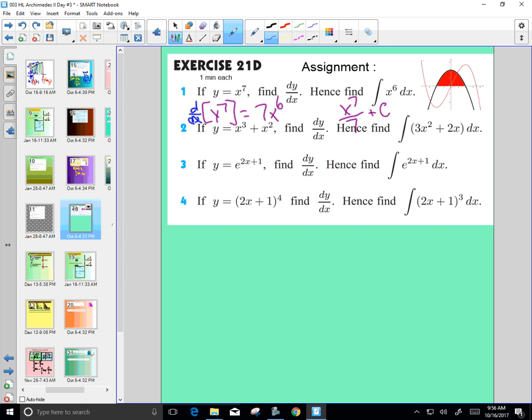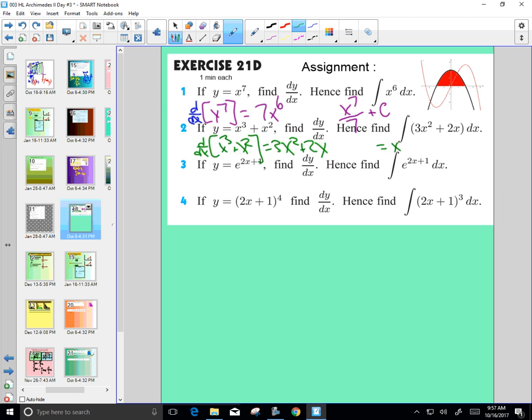Take a look at this one, number 2 here. What's the derivative of x cubed plus x squared? I'll be interested. What do you get? 3x squared plus 2x. So what's the antiderivative of 3x squared plus 2x?